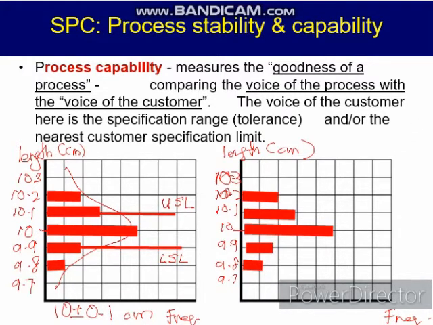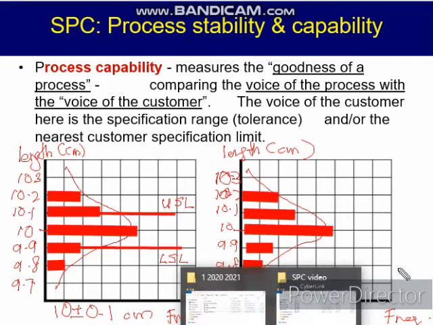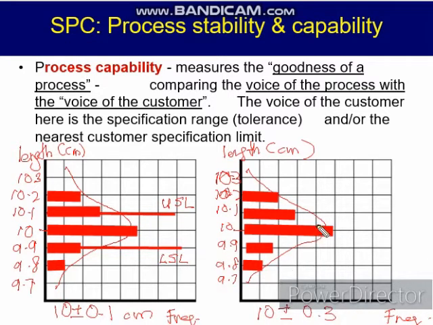So again, I'm going to draw a normal distribution curve roughly. And let's say, for example, for this particular product, the customer said, okay, my specification limit is 10 plus minus 0.3. Then basically I can draw the upper and lower specification limit, right?